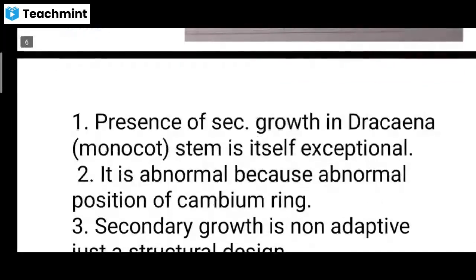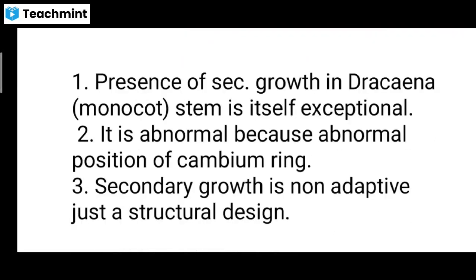This is one of the exceptional examples among monocot plants, because anomalous secondary growth does not normally take place in monocots. The abnormality is because of the position of the cambium ring, which is present at the outer side of the ground tissue.